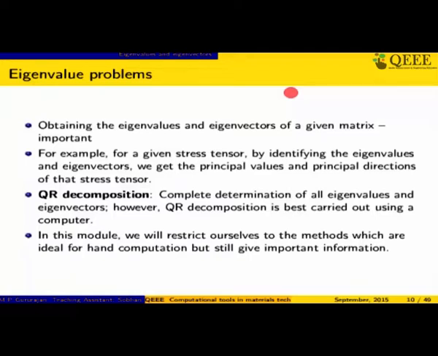But in this module, I restrict myself to methods which are ideal for hand computation. We will look at a couple of cases where important information can be obtained just by doing some hand computation. So obviously we are going to restrict ourselves to small matrices and finding eigenvalues for such small matrices. Along the way, we will also learn a few numerical algorithms and methodologies which will help us understand them better.